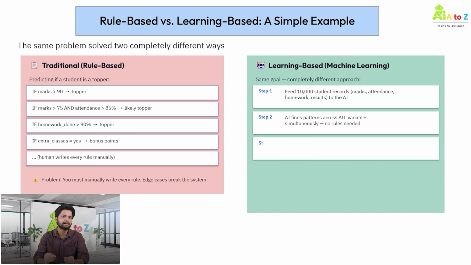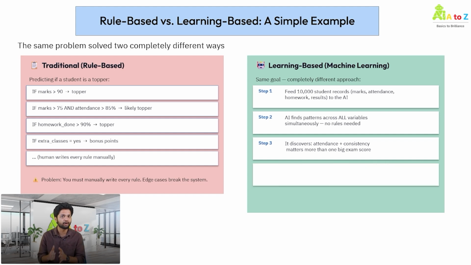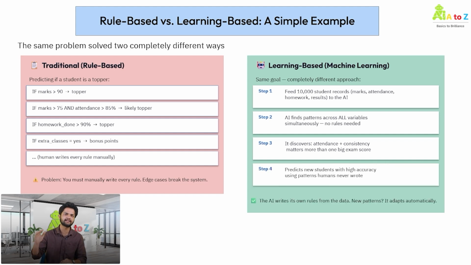For example, it might discover something like students who are consistent over time with moderate scores and high attendance often outperform students who score high once but are inconsistent. Now, notice something important. No human explicitly wrote that rule. The system discovered it. And once it learns these patterns, it can apply them to new students, predicting outcomes with much higher flexibility.